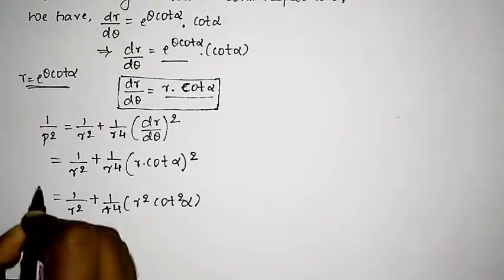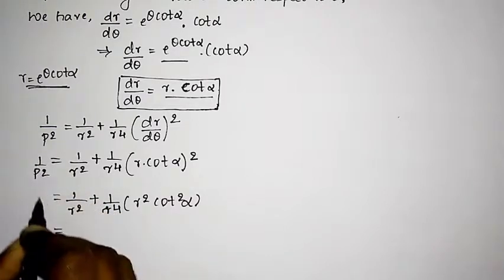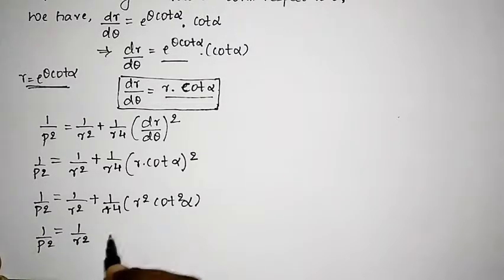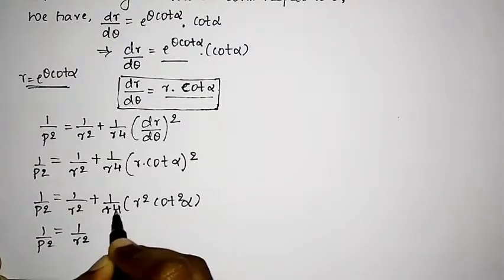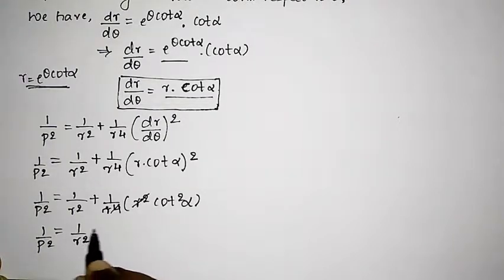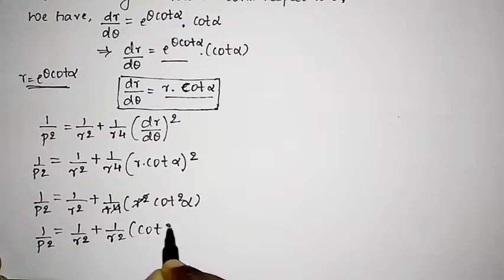Therefore 1 by p square is equal to 1 divided by r square into, here r square and 1 r square will cancel, so it will be 1 plus r square into cot square alpha.